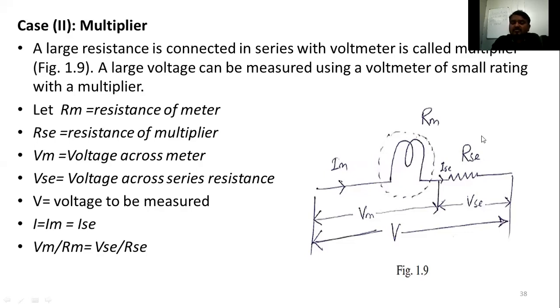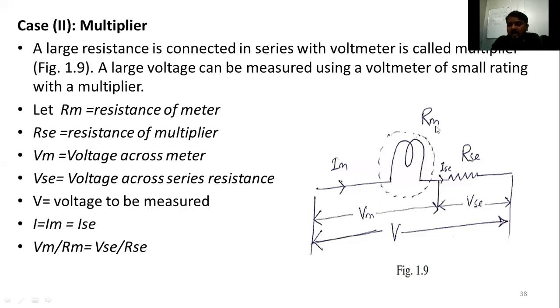This resistance multiplies the range, and for that reason we call it a multiplier. A large voltage can be measured using a meter with a small rating, together with the multiplier.